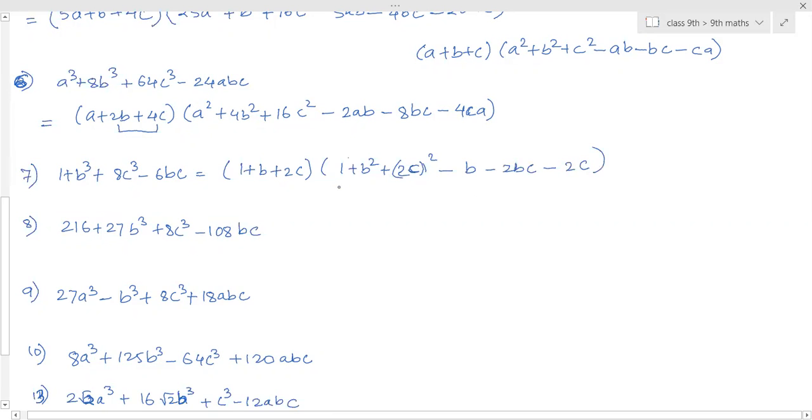So expand this now. 1 plus B square plus 4C square minus B minus 2BC minus 2C. This is the final answer.